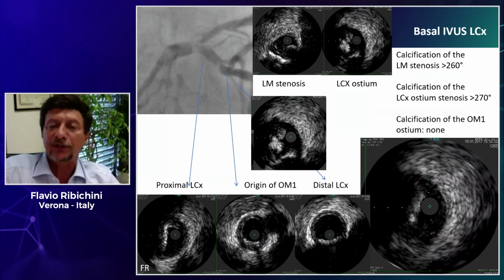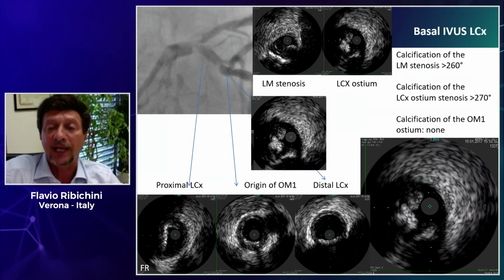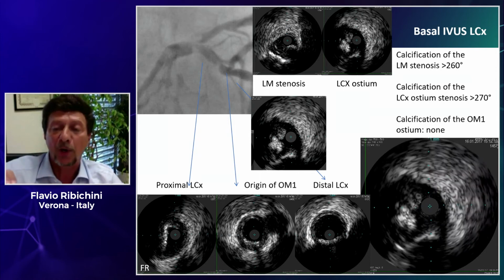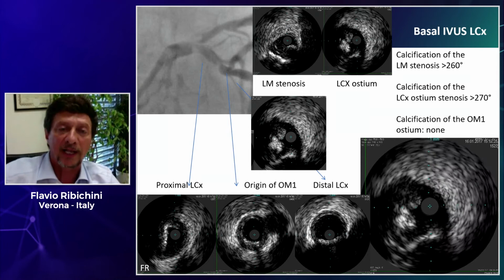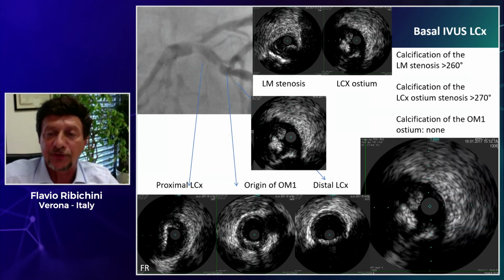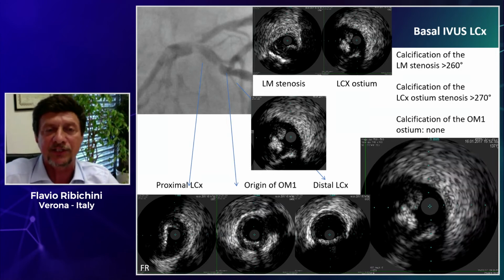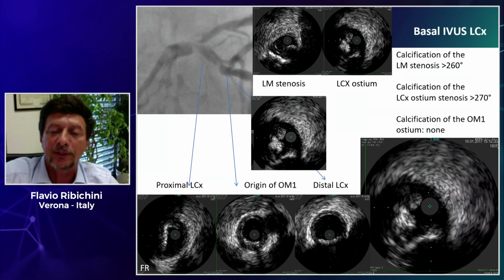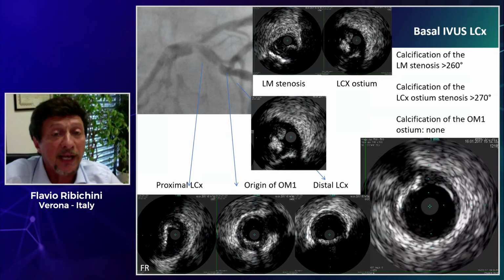When we analyze the circumflex, the bifurcation of the left main looks even worse. And we see in the central image a spot which shows a big nodule of calcium. And this could be a big problem. We will see why. The ostium of the circumflex has more than 270 degrees of calcium, again, very deep. And then we arrive to the bifurcation of the first oblique marginal, which is clean.